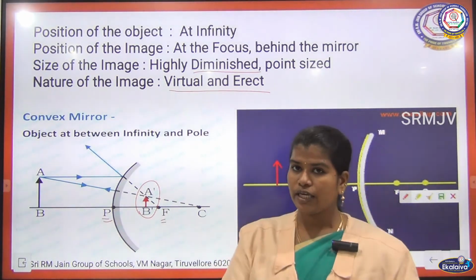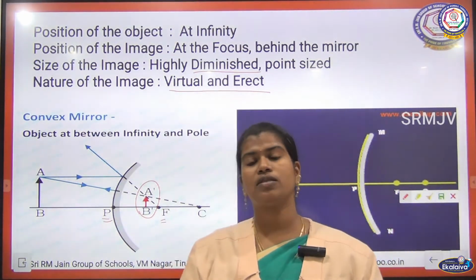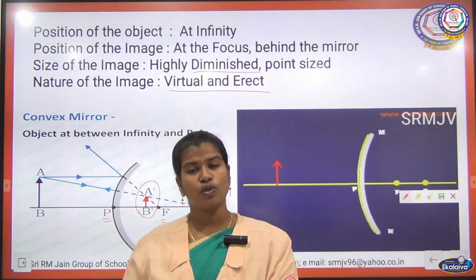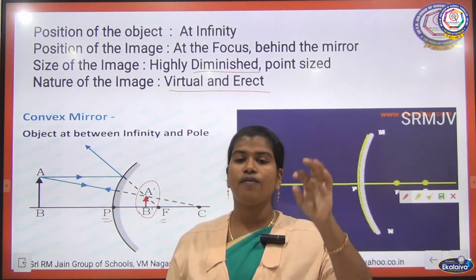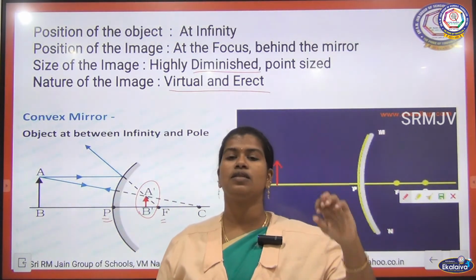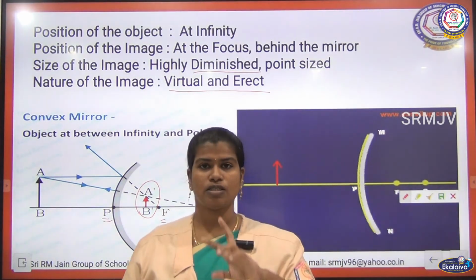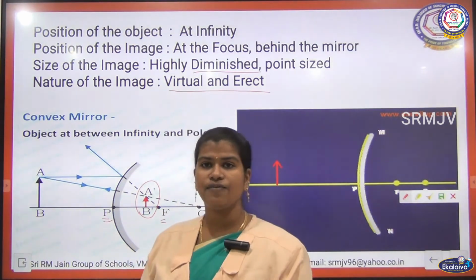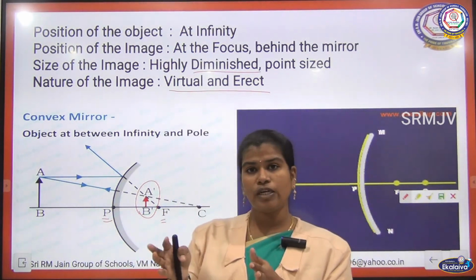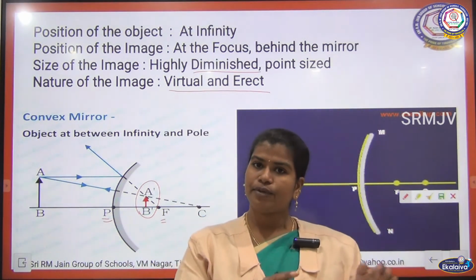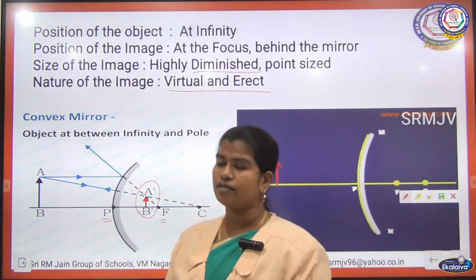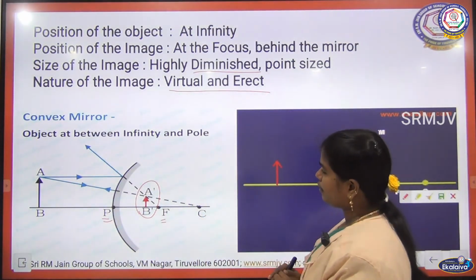So convex will always produce a diminished virtual image, and concave will always produce an enlarged virtual image. These are the differences between the virtual image formed by the concave mirror and the convex mirror.